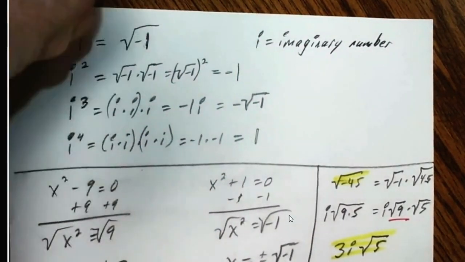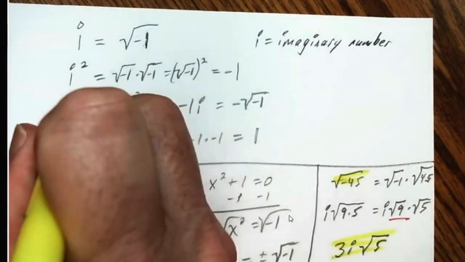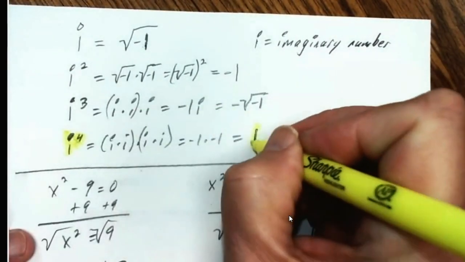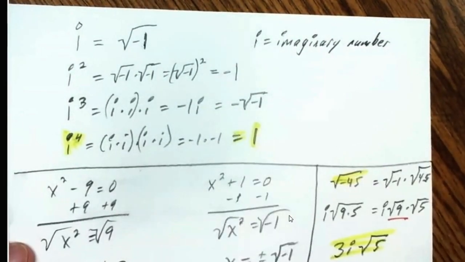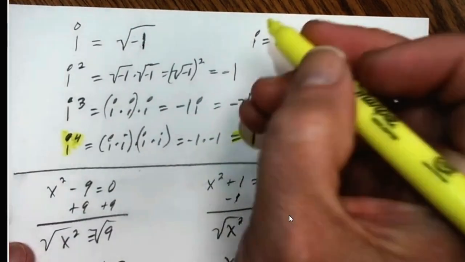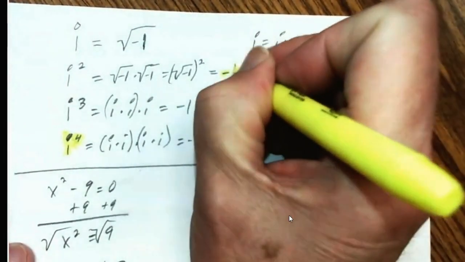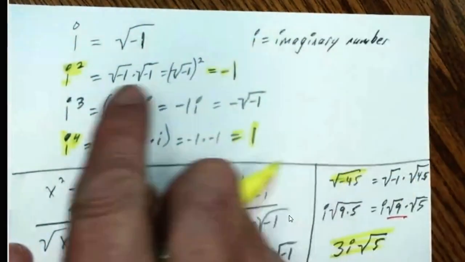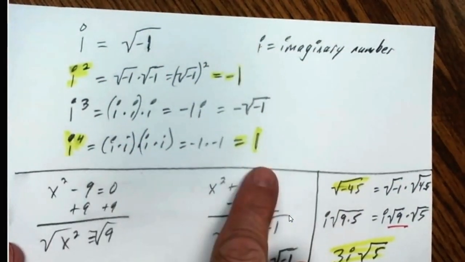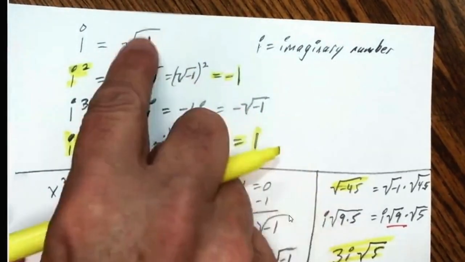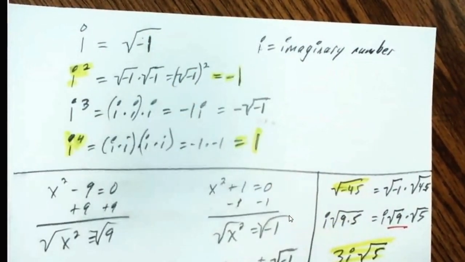So looky there, i to the fourth just equals 1. That's a real number. i squared equals negative 1, i to the fourth equals positive 1. The only ones that end up imaginary numbers are the first and third.